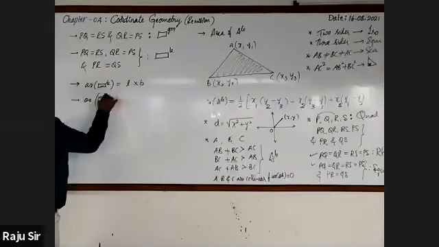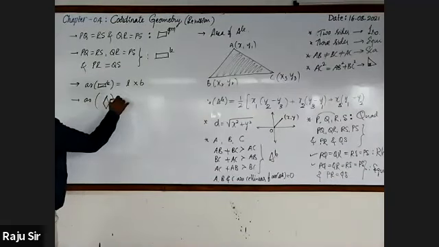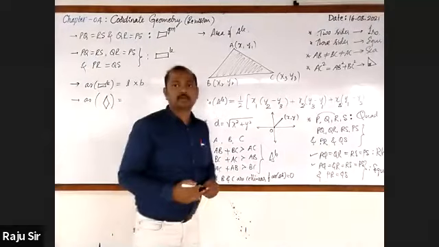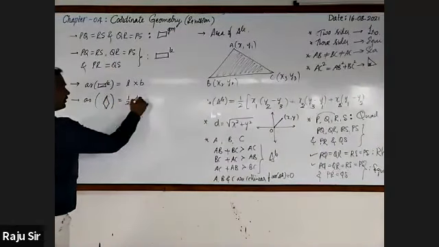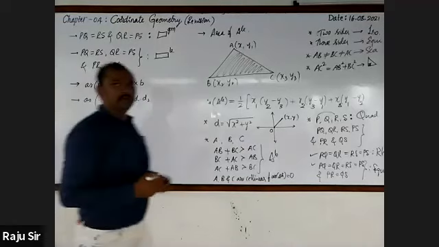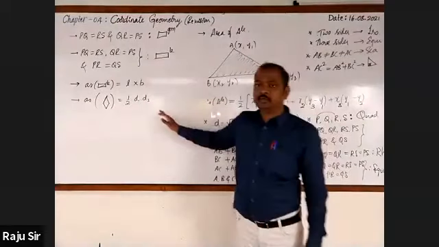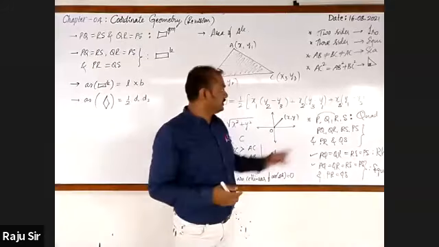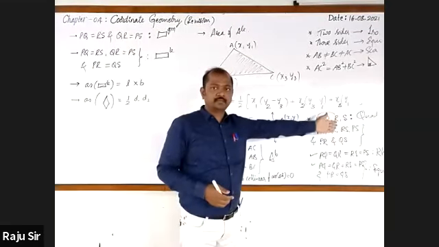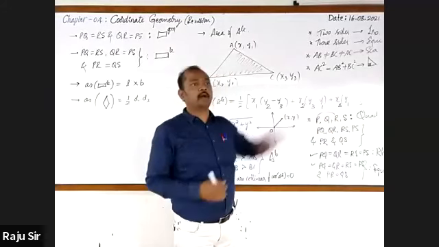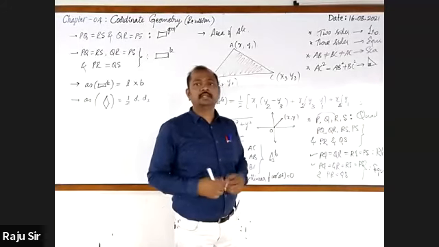Similarly, the area of a rhombus. What is that formula? Half into product of its diagonals, D1 into D2. Half into D1 into D2. If the question is given like this: if P, Q, R and S are the vertices of a rhombus, then find its area.